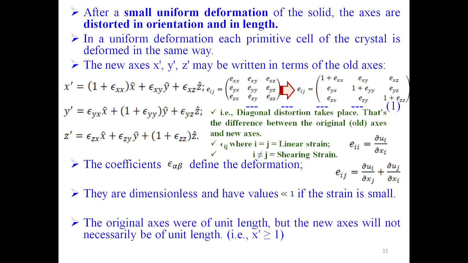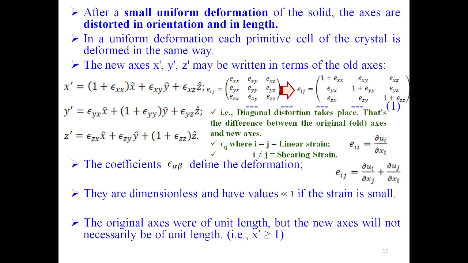If both the indices are the same, then the derivative would be the change of displacement along a certain direction, let's say along x direction, divided by the length of the cube along the same x direction. Also, if we take the mixed indices, we can take the displacement along x per unit change in length along y, plus displacement along y direction per unit change in length along x direction.